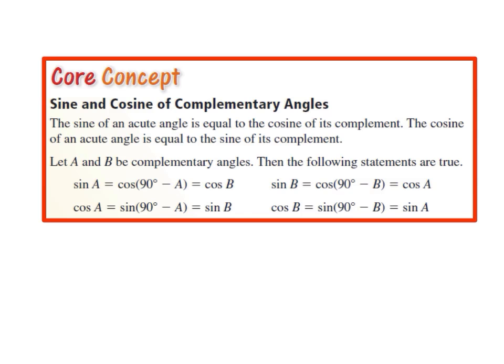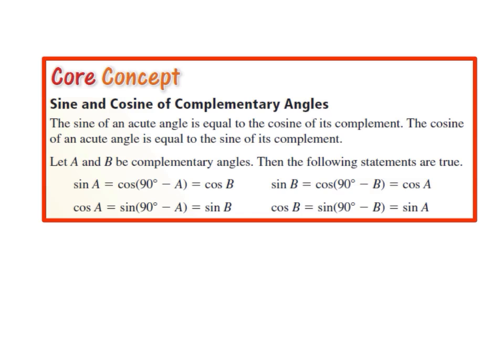All right, that pattern we just noticed leads us into our next core concept: sine and cosine of complementary angles. The sine of an acute angle is equal to the cosine of its complement. Just a quick reminder, complement simply means to subtract the number we're given from 90. The cosine of an acute angle is equal to the sine of its complement.